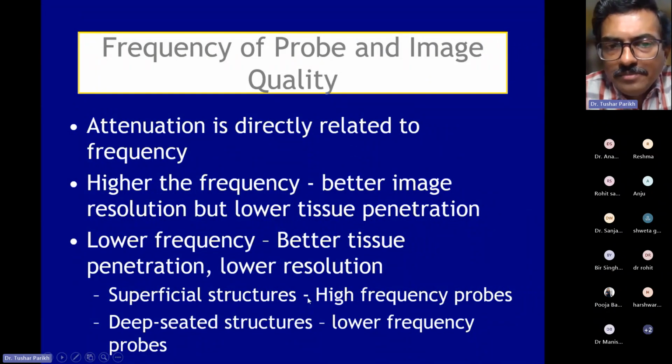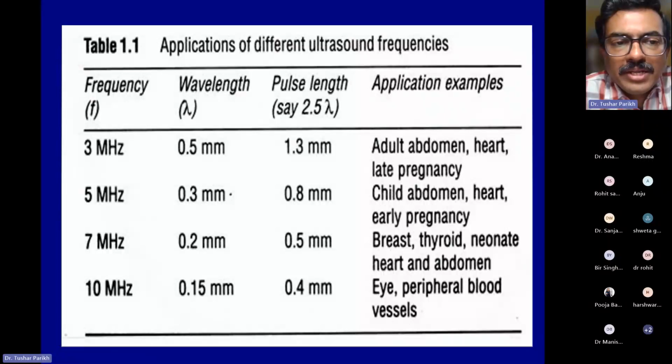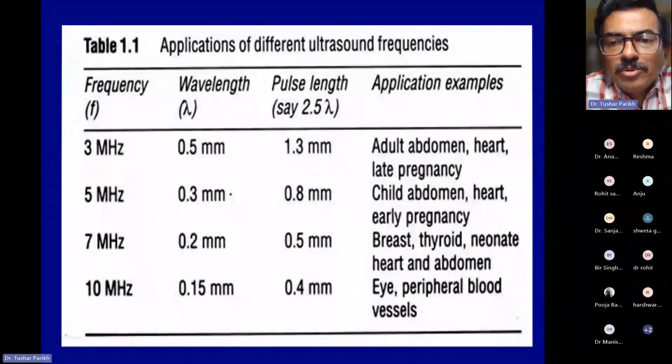So this is very basic. Again, depicting here, a 3 megahertz or 5 megahertz probe you'll use for adults, where the distance from the probe to the organs is larger as compared to a newborn or pediatric patient. For pediatric and neonatal ultrasound, generally a 7 megahertz probe is used. So when you go for a neonatal dedicated ultrasound, you get somewhere around 7 megahertz.